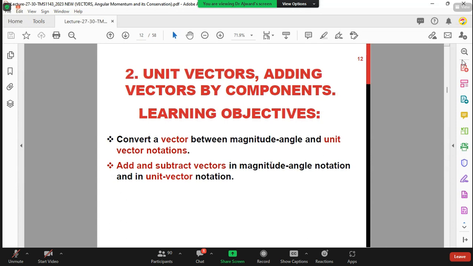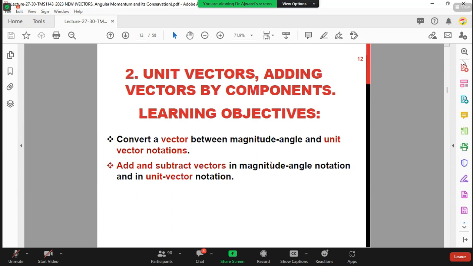So convert a vector between magnitude, angle, and unit vector notation. You already saw the magnitude-angle notation. That is, you know the magnitude of the vector, like for example 5 meters, and the angle theta, like maybe 30 degrees or whatever.